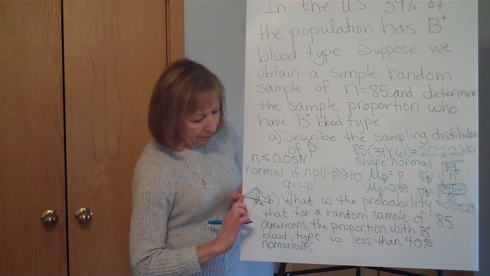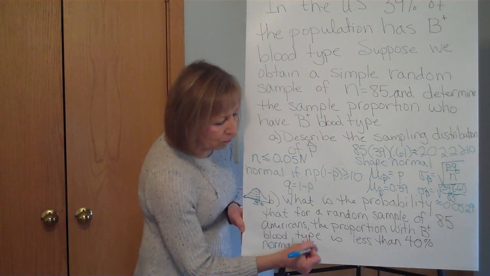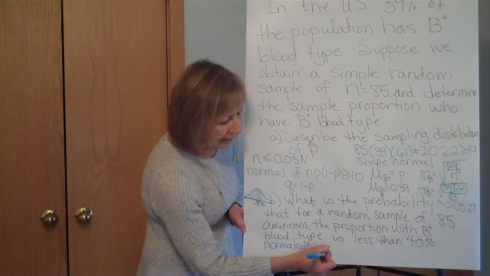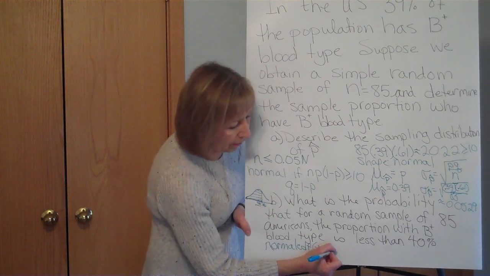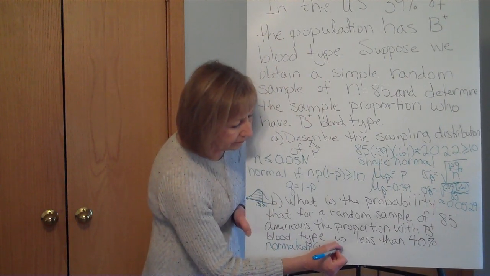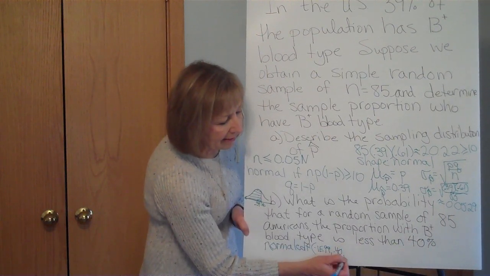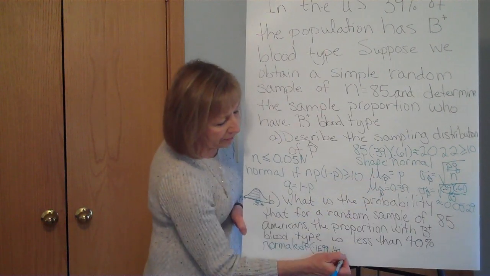Okay, so it's going to be from ever left is the low, so negative 1E99, comma, the high, which is 0.40, since I want less than 40%. The mean is the mean of the distribution, which we saw to be 0.39.